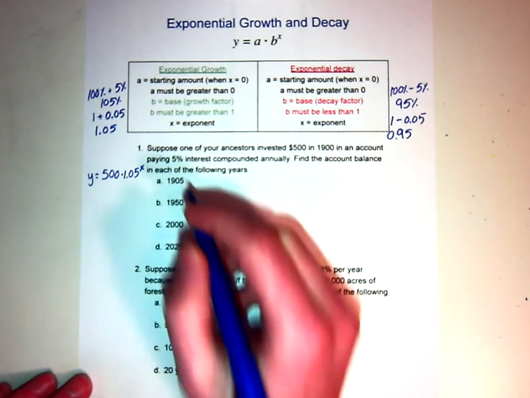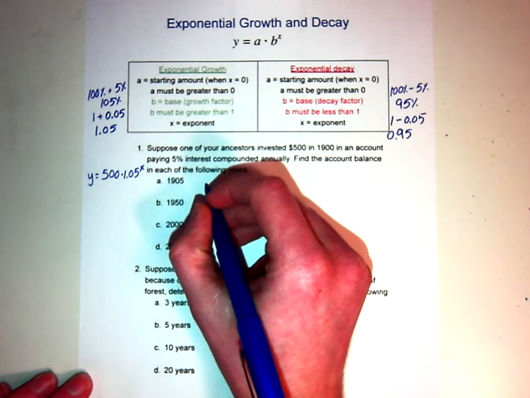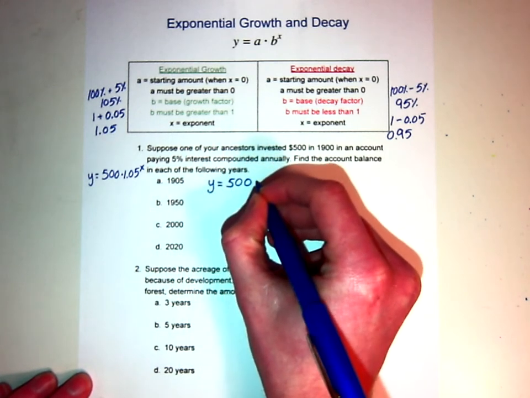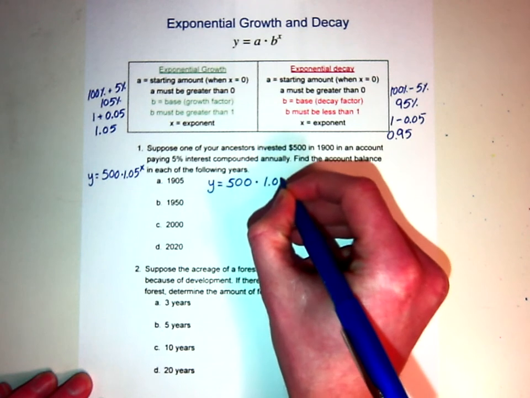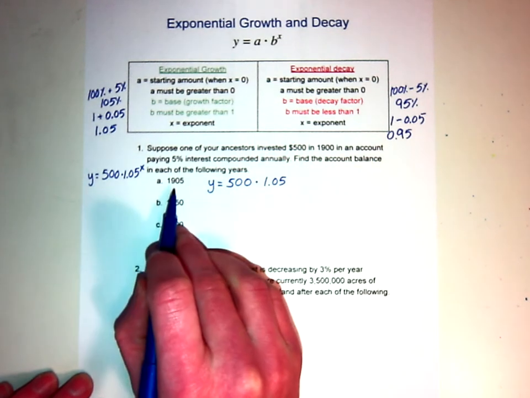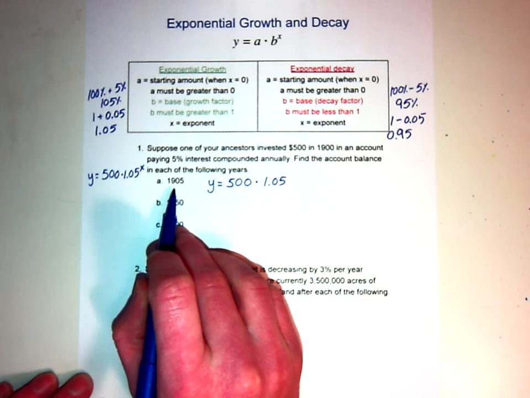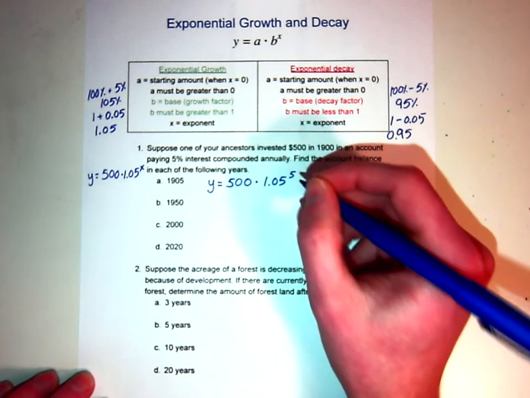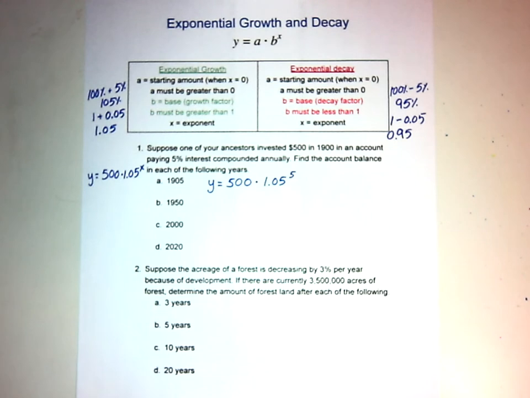So here we go. For 1905, I'm going to use my formula: y equals 500 times 1.05. How many years has that money been in the account? It's been in the account for 5 years, which means we are going to raise it to the 5th power. Let's solve it out. Yes, you're allowed to use calculators. I don't expect you to do all this by hand.